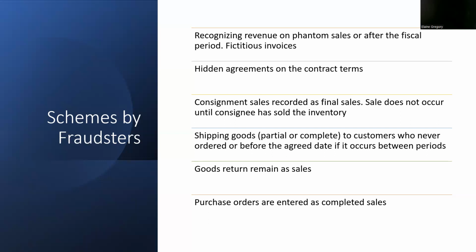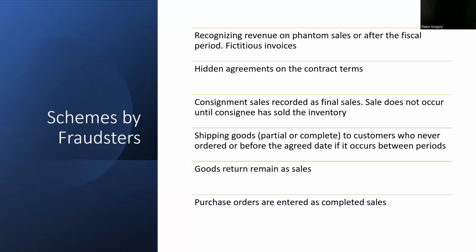Shipping goods to customers who either never ordered them, or received before the agreed date, if the order is occurring between fiscal periods, or they're only sending partial orders when complete orders should be going out the door. Again, look at the contract obligations. Goods that are returned still sit out there as sales.